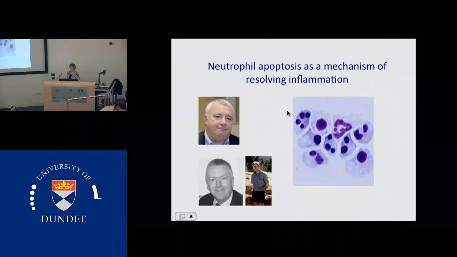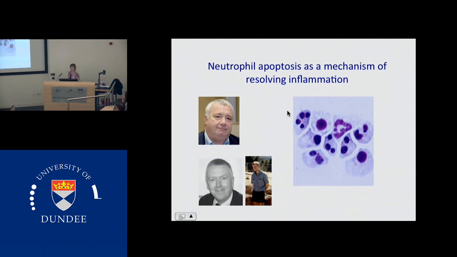My research story goes back a long time now, 25 years, to when I set out to do my PhD. At that time I was based at the Hammersmith Hospital in London, and I had two supervisors, Chris Haslett and John Savill, who had demonstrated that neutrophils spontaneously undergo apoptosis, programmed cell death.